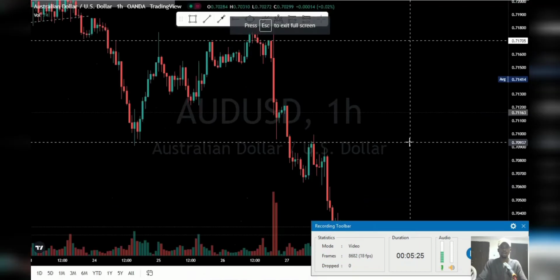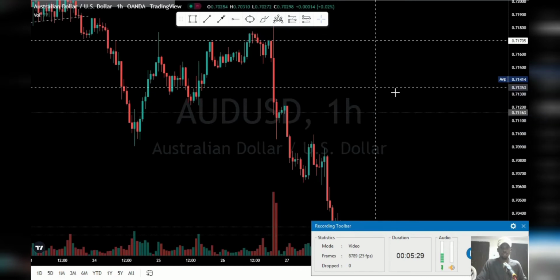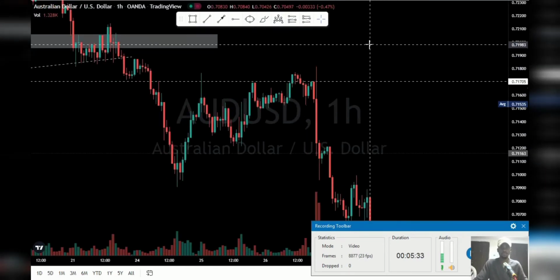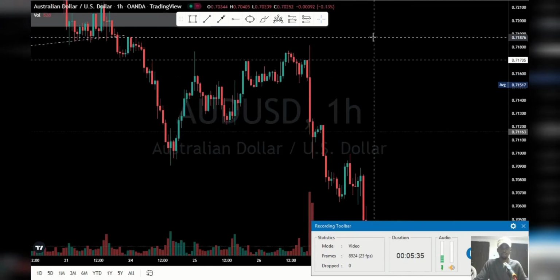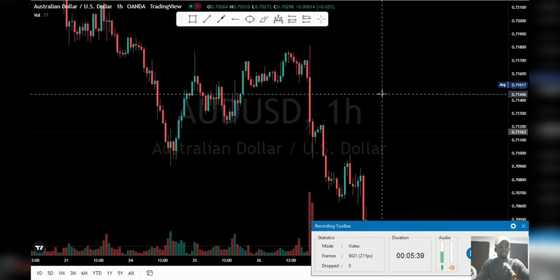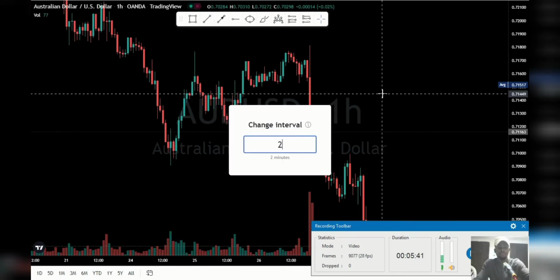Okay, so I will see if I can point out a sideways trend on Aussie dollar. First I would love to erase all of this. So let's check our H4 time frame.